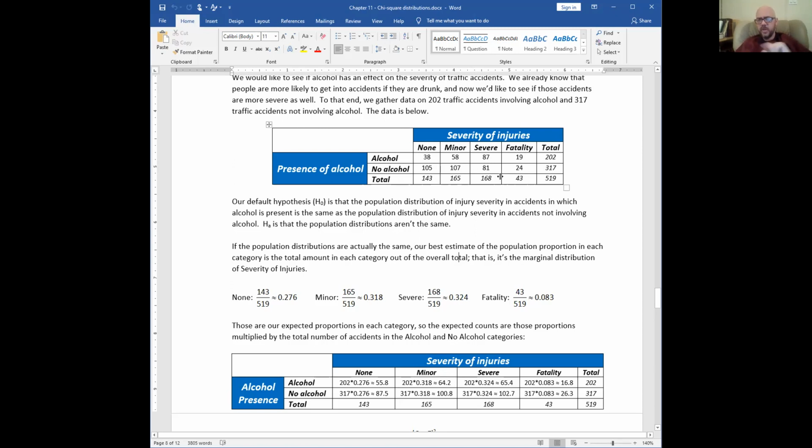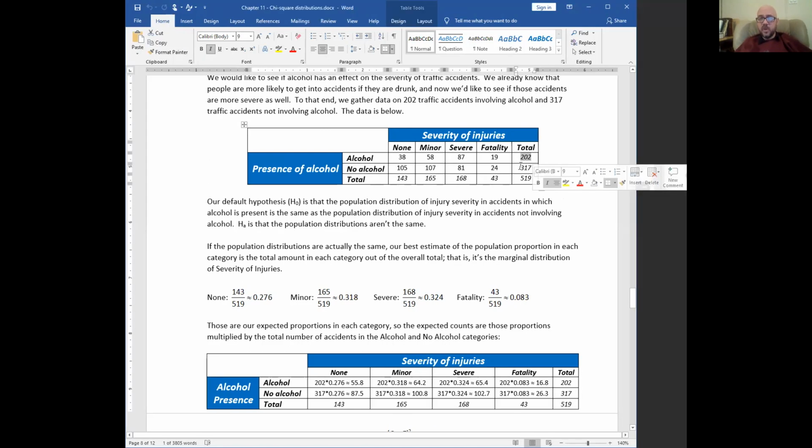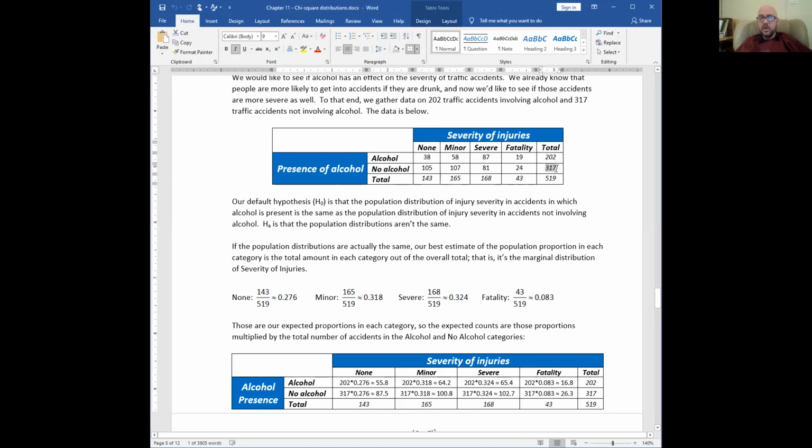And you might say to yourself, well, wait a minute, 87 doesn't seem much bigger than 81, and 19 is actually smaller than 24, but keep in mind that our population of alcohol-related accidents is much smaller than the population of non-alcohol-related accidents. So since this number is only about 2/3 of that one, we would expect this number to be 2/3 of that one, and this number to be 2/3 of that one, if they were to maintain the same ratio, which they're not, right?